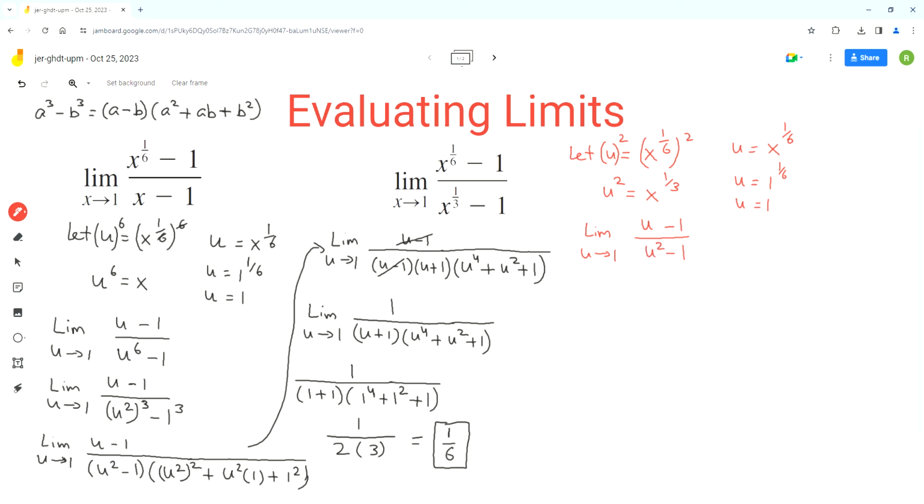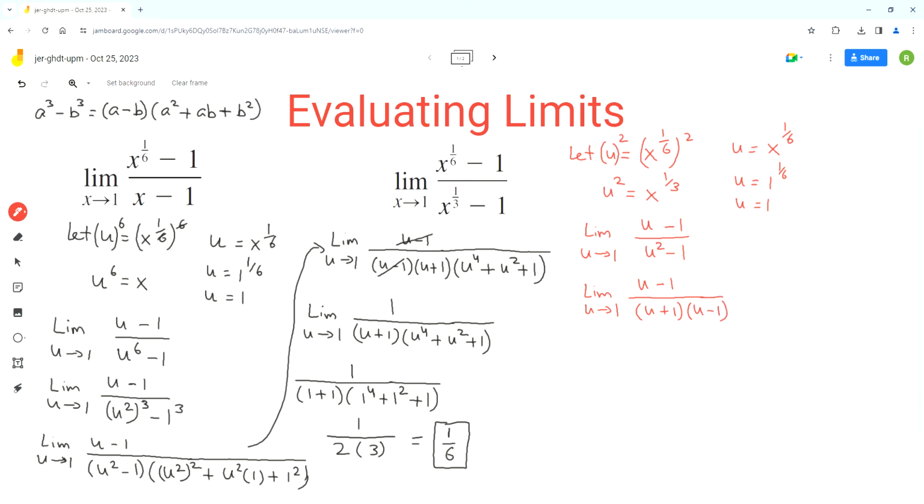Now again, we cannot do the direct substitution, because if we sub in u as 1, the denominator will become equal to 0. So here we'll have to simplify the expression. So we can use difference of squares factoring in the denominator. So we get u minus 1 over u plus 1 times u minus 1.